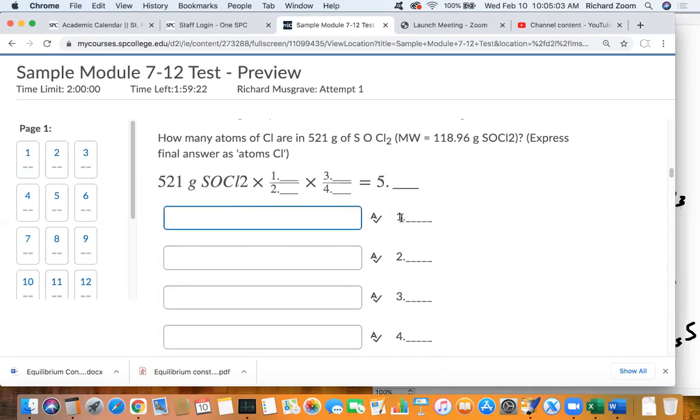So I'll go ahead and put this one in. So 1 and 2, that would be the relationship between the grams and the molecules. So I know that it's 118.96 grams of SOCl2. It goes in the bottom. And we know that it's 6.022 E23 molecules.